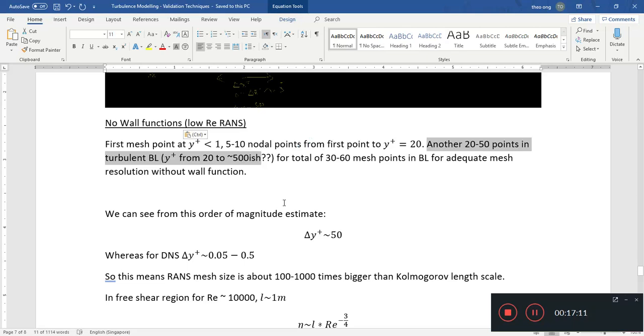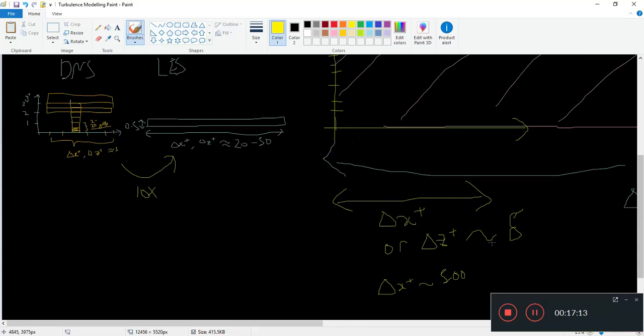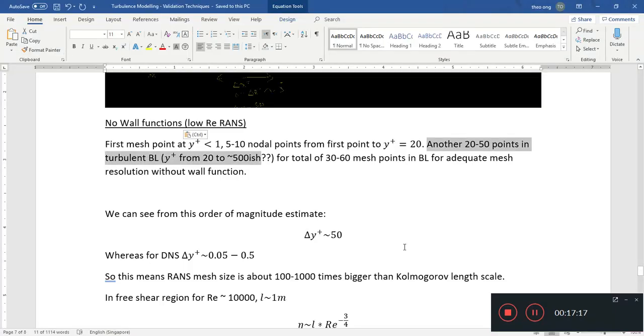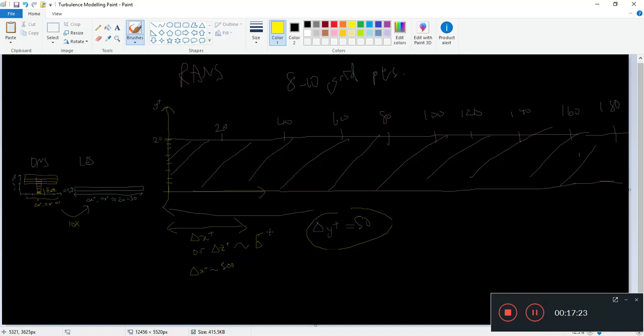Then your delta y plus will be on the order of 50. This is to help you get the accurate boundary layer resolution. Or else if you don't use wall functions, this part you will not resolve at all. So this is like an order of magnitude estimate for you.